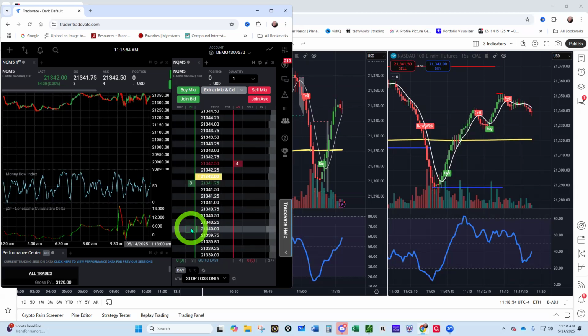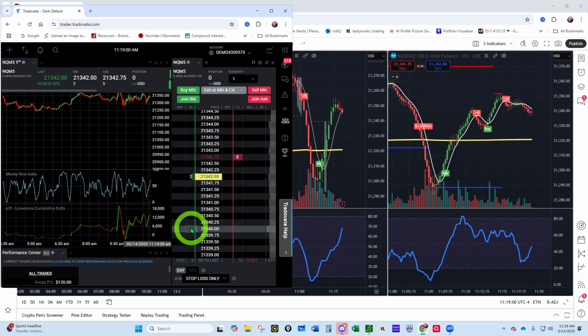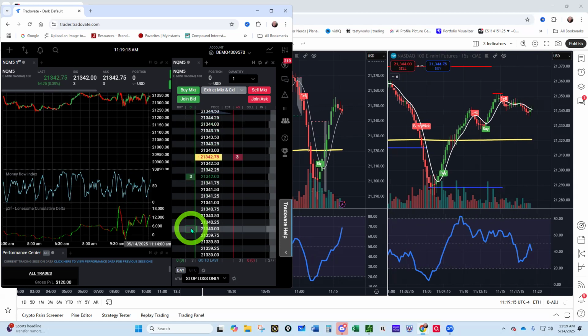There's the 40 again. Let's see if it goes back up to 45. There she goes.